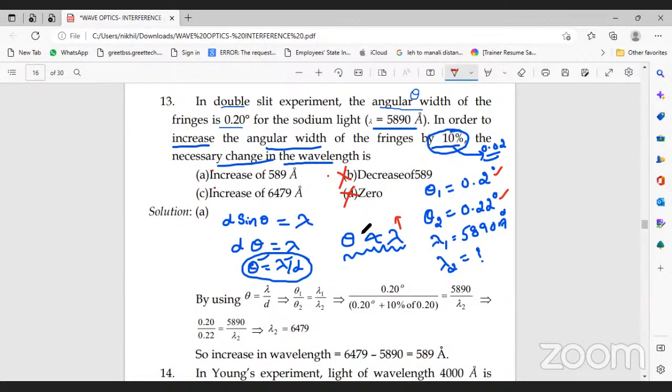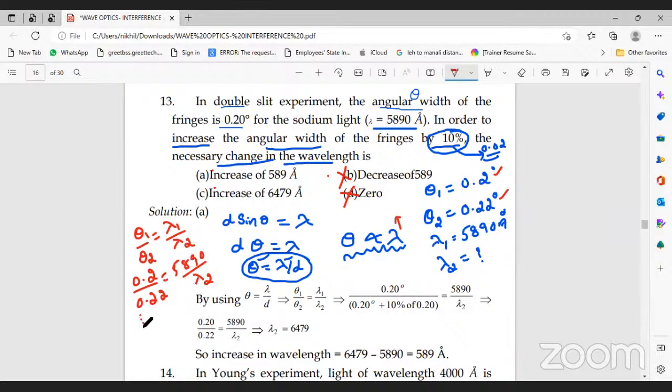You calculate. Since theta is directly proportional to lambda, shall I write it as theta 1 by theta 2 equals lambda 1 by lambda 2? Yes, sir. You substitute and simplify. Theta 1 is 0.2, theta 2 is 0.22, lambda 1 is 5890 by lambda 2.